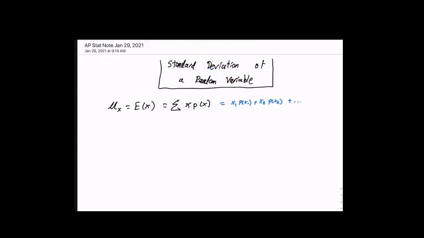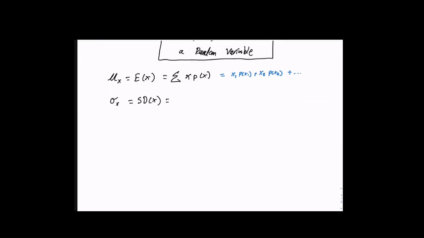The standard deviation, which we use sigma for, of a random variable, we might also say SD of x, the standard deviation of x. Those are just the two different notations you will see. Mostly we'll use the sigma and mu notations, but I want to make sure you understand. It is equal to the summation, and this form is a little bit trickier.